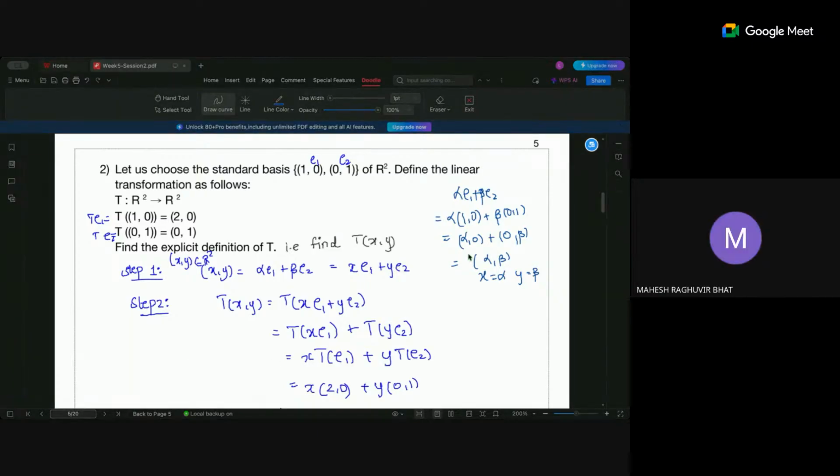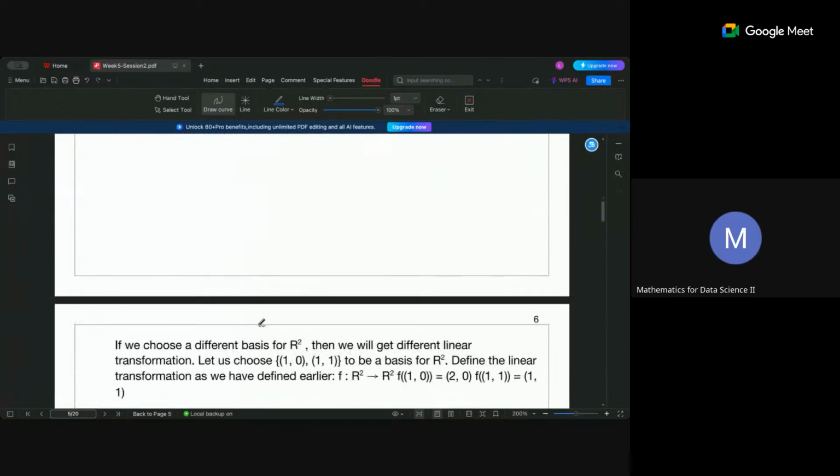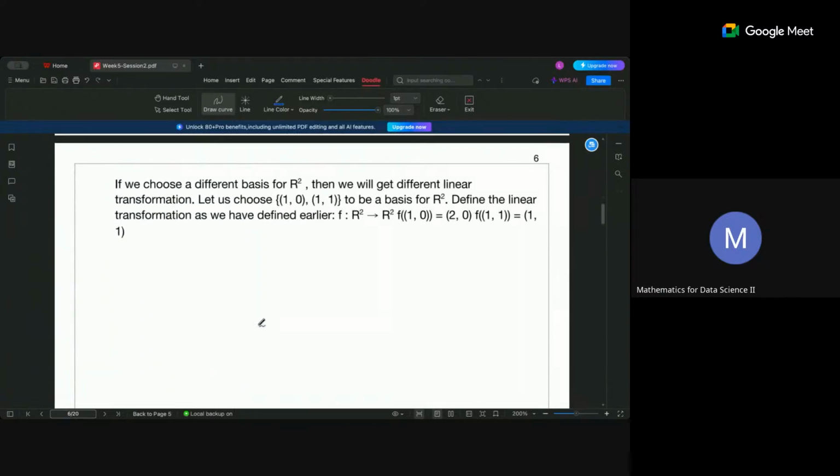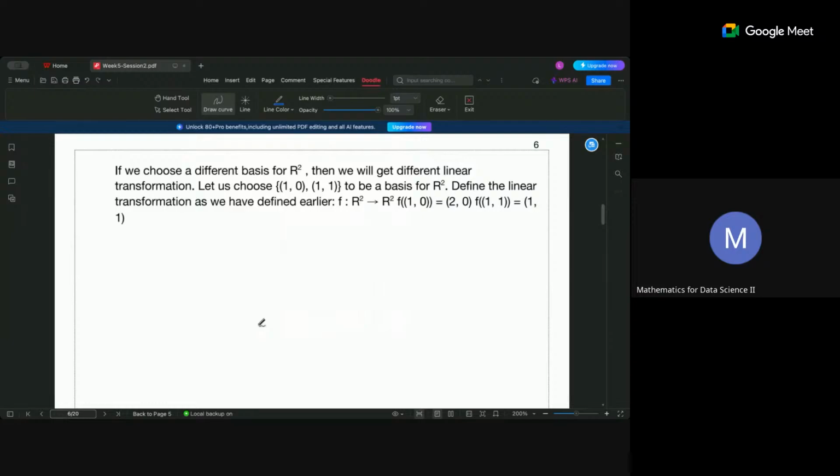Okay, clear? Fine. So now everyone look at this carefully. Now you are going to tell me what the steps are. I have already given you the steps. Here you have a similar problem.